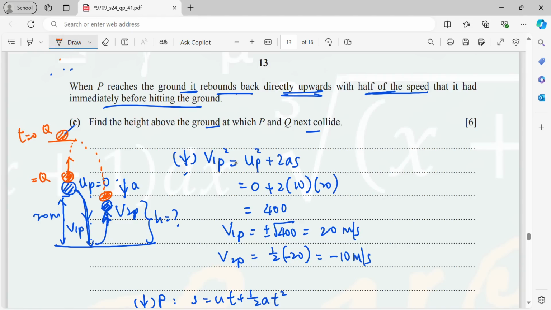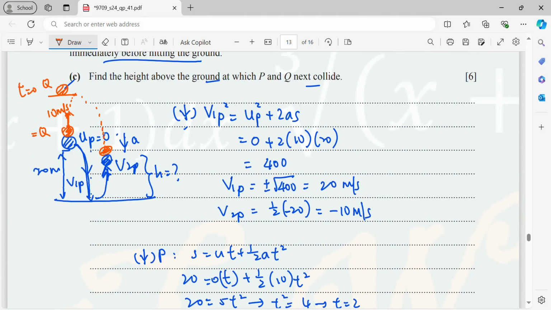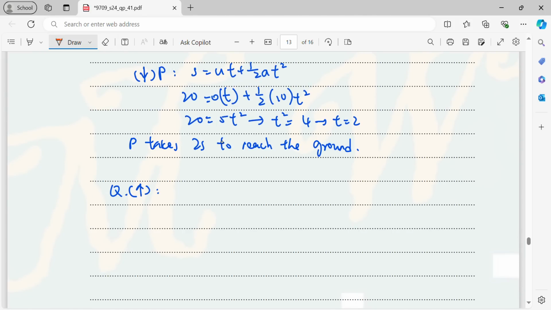This one was going up with 10 meter per second. So now here, when it reaches the highest position, it will stop a while. So when Q reaches the highest position, the VQ will be 0.